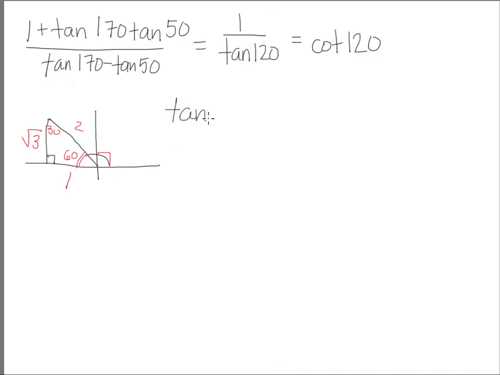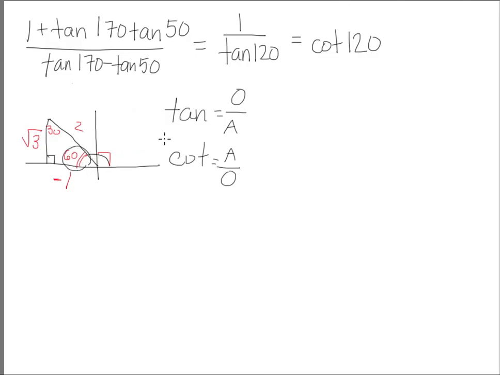I'm always going to write this out because it makes me feel better. The tangent is opposite over adjacent, and the cotangent is adjacent over opposite. By the way, something I should have written: because we are on this side of the axis, let's write a -1 here. Otherwise, we'll have to remember to go back and put it, and we do not want to do that. So I'm looking at this angle, the 60-degree angle.